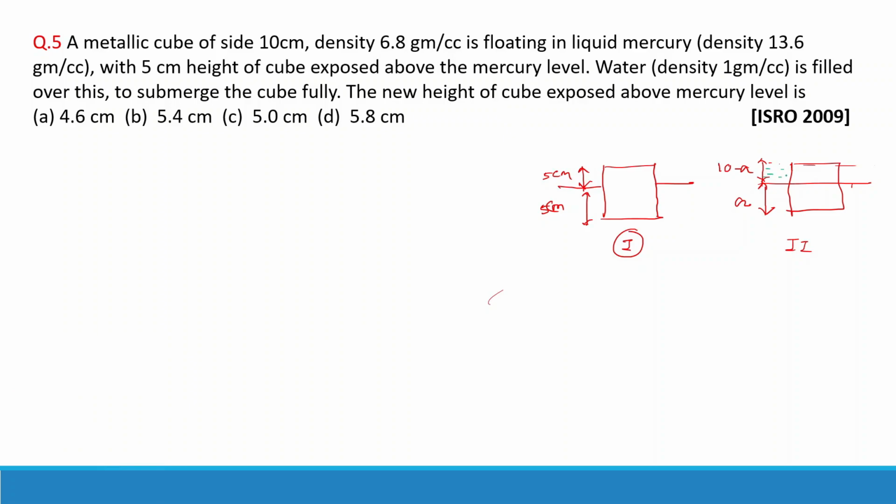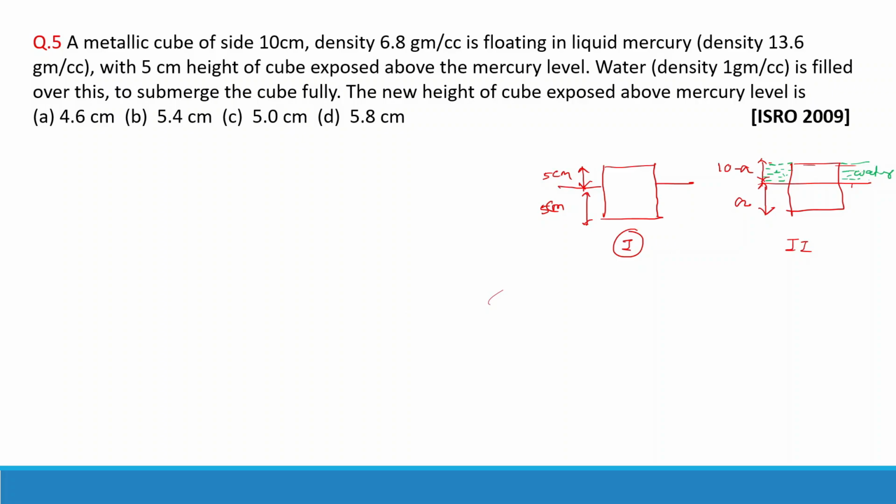Water is filled up to the top level. This is your final position. Find the new height of the cube exposed above mercury level, so find 10 minus A according to our notation.